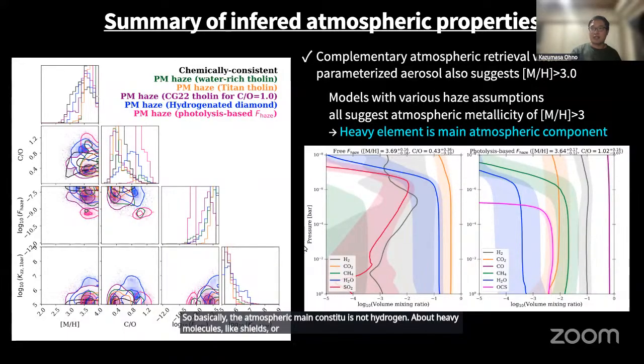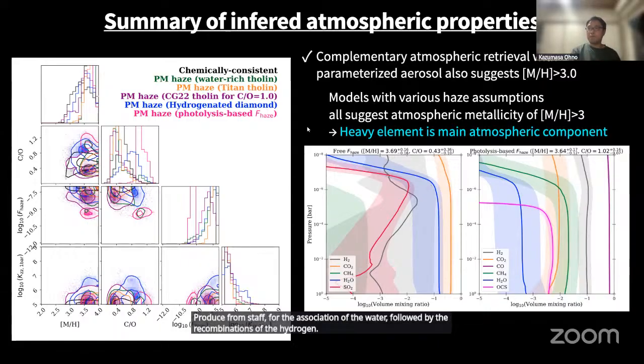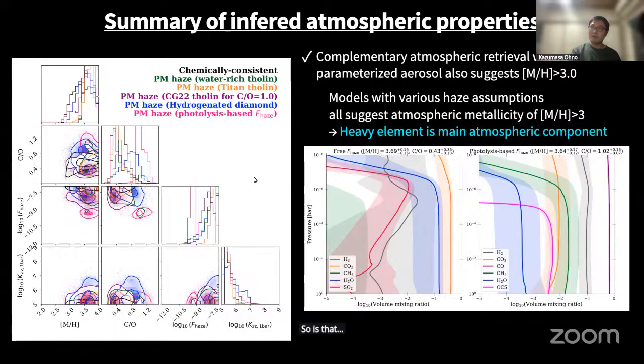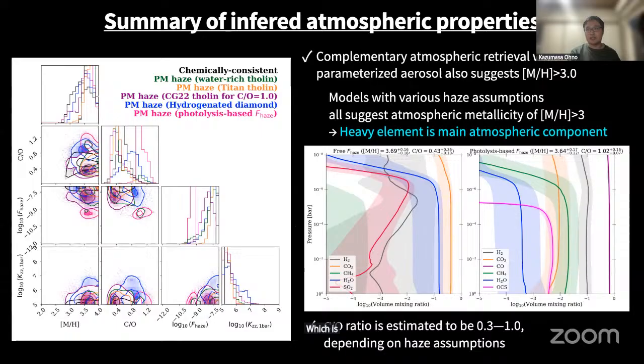In the left panels, the hydrogen is actually a photochemical product produced from the photodissociation of water followed by the recombination of hydrogen. So basically our observation suggests that this planet has a so-called metal-dominated atmosphere, which is more similar to a secondary atmosphere.